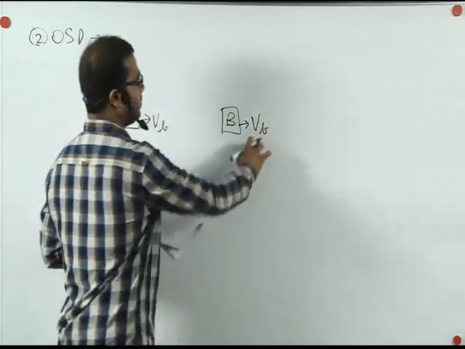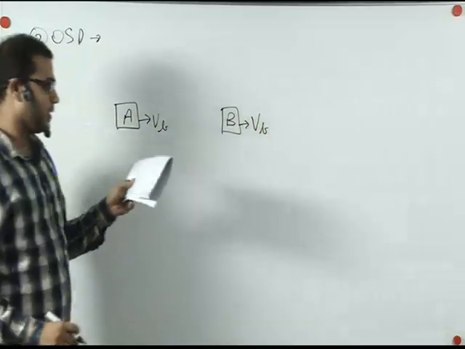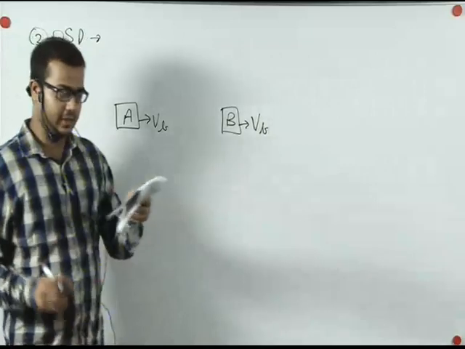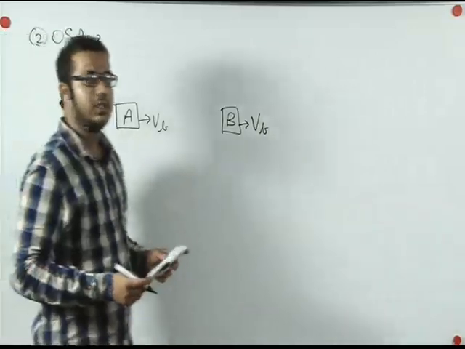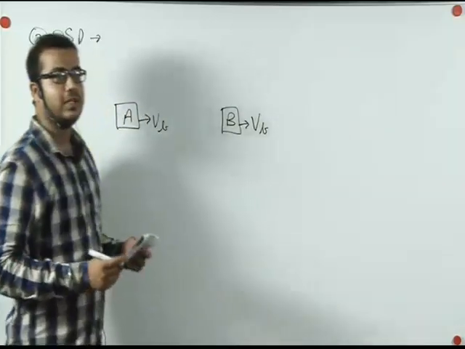It is also moving at the same speed. Suppose we can say that these two are moving at the same speed, but the driver of vehicle A decided to overtake this vehicle. So what does he have to do?